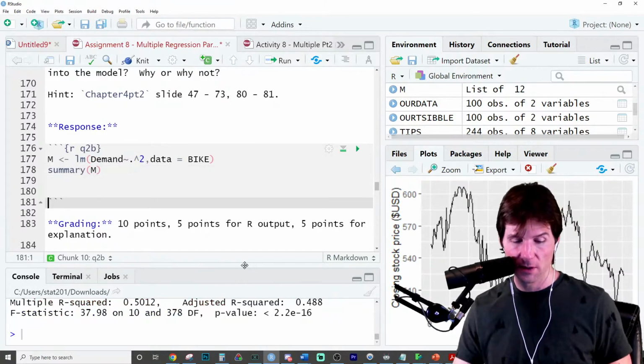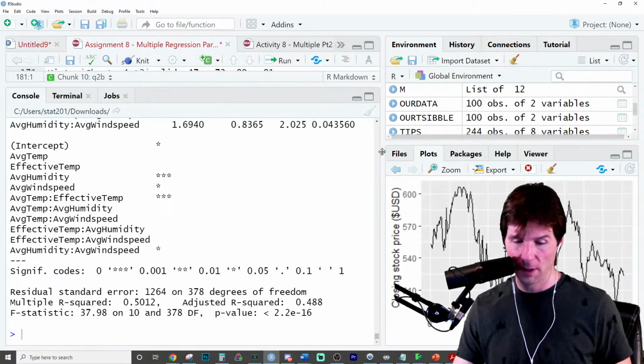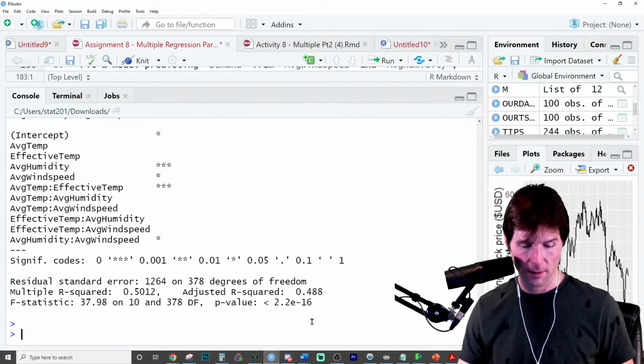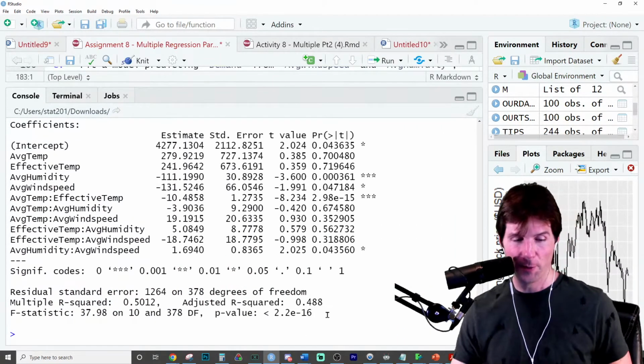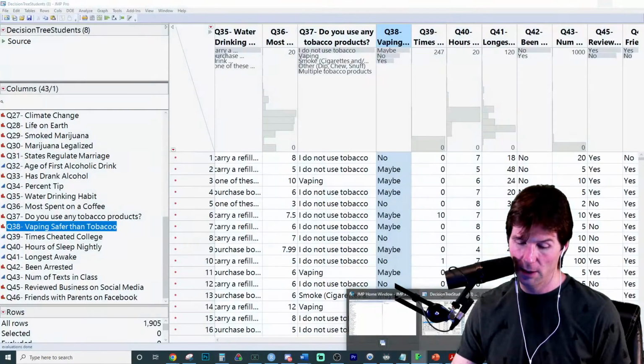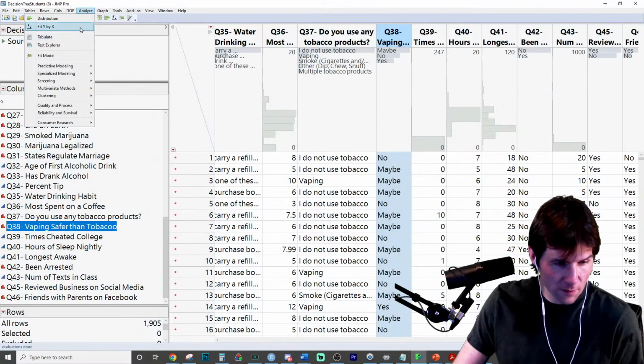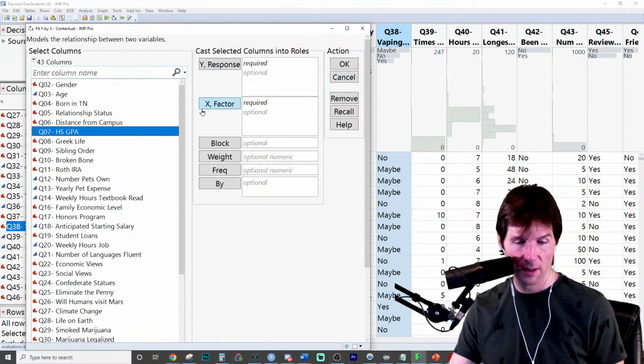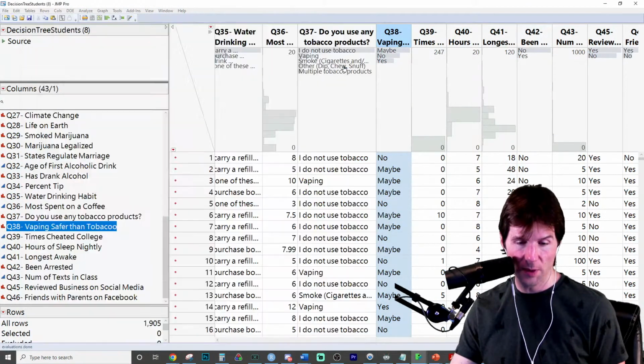I typed 8. Okay, so there it is right there. And this is how the output looks. Does this output look like anything you've seen over here in JMP? For my 320s, 201 students, excuse me.